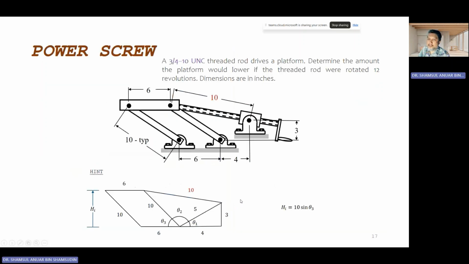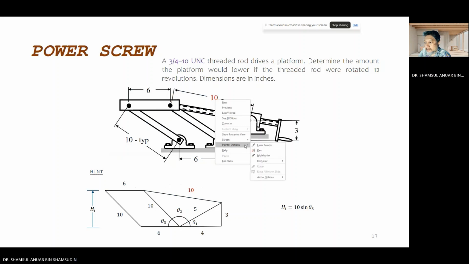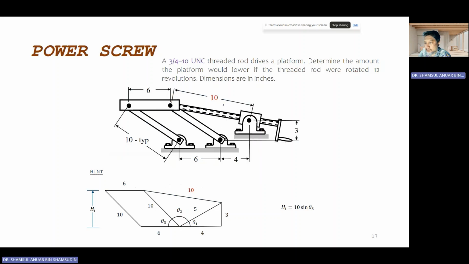And this is another screw problem. So you have to look at this thing. This is the diameter of the screw.